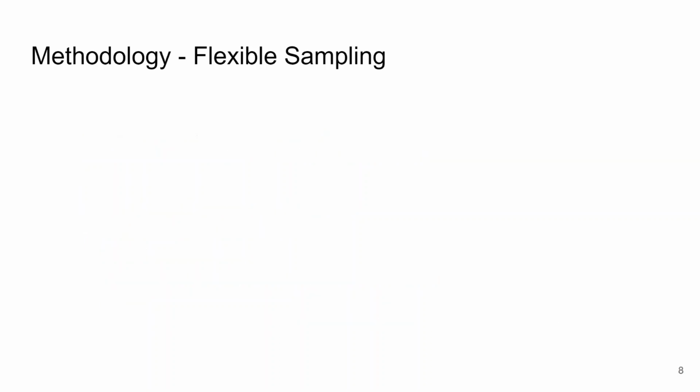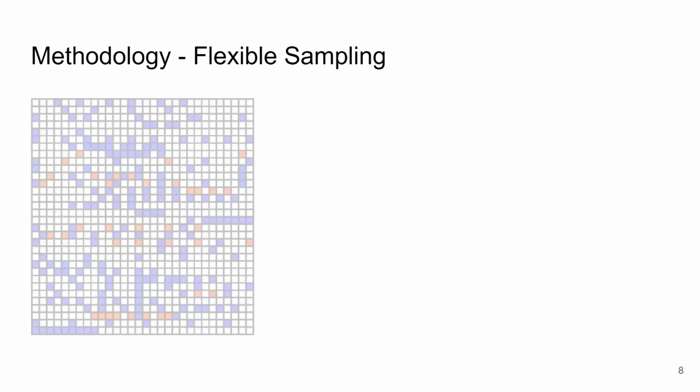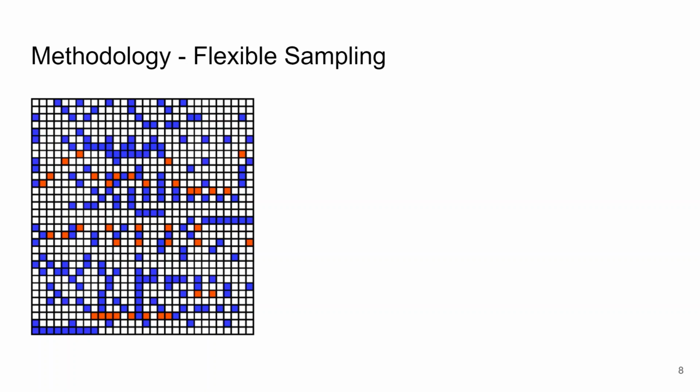First, we'll get into the methodology of how this flexible sampling actually works and what this distribution is. We'll start with a visual example here, which can help describe the process. We have two variables here: n is equal to 30 and k is equal to 10.